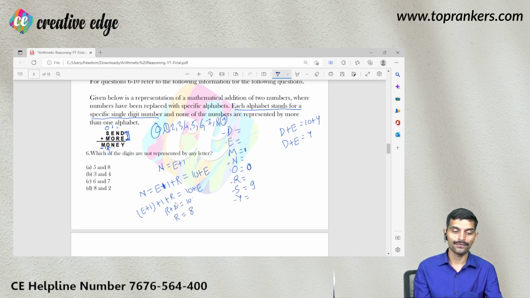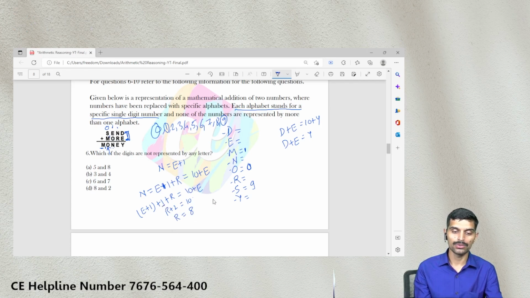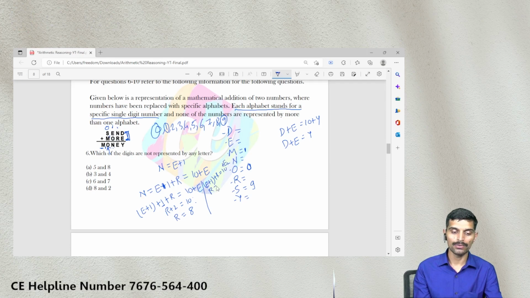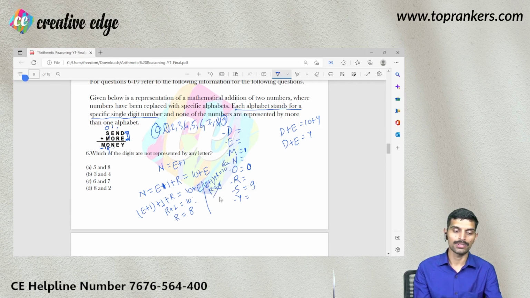And if there is no carry, this R would be equal to 9. If this is E plus 1 plus R is equal to 10 plus E, that means R is equal to 9, and this is not possible as we already have S equal to 9.